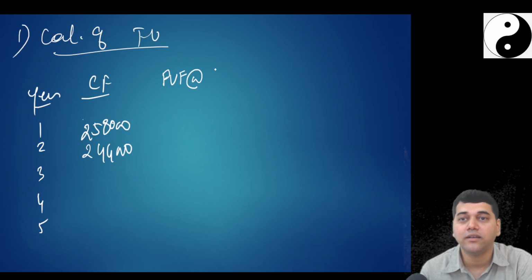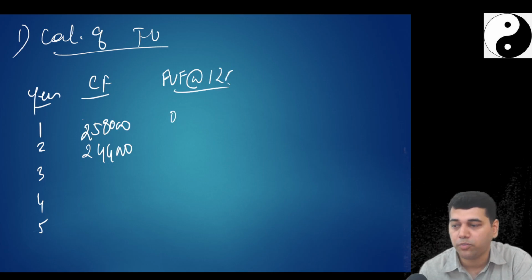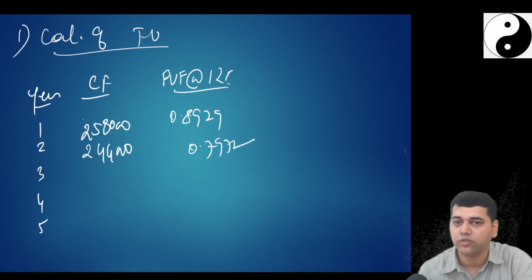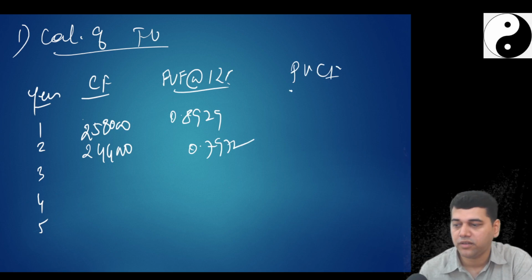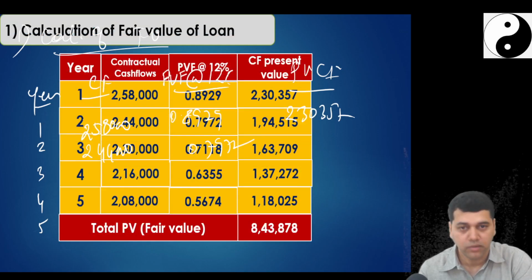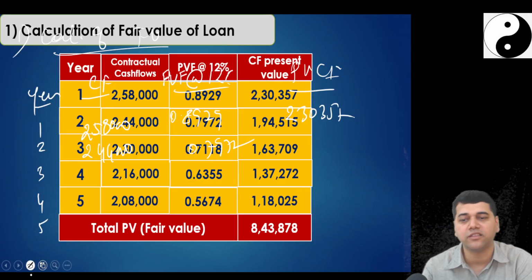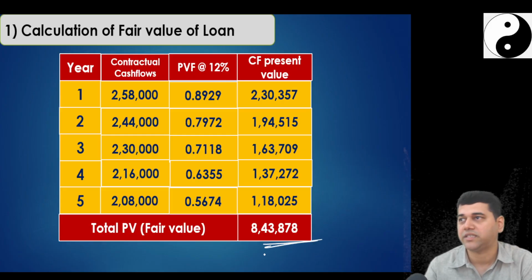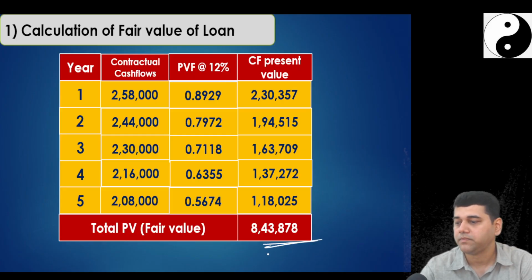At 12%, the factors are 0.8929, 0.7972. So PVCF 2,30,357, and write the total at the bottom. Okay, fill other things later. 8,43,878. Follow?